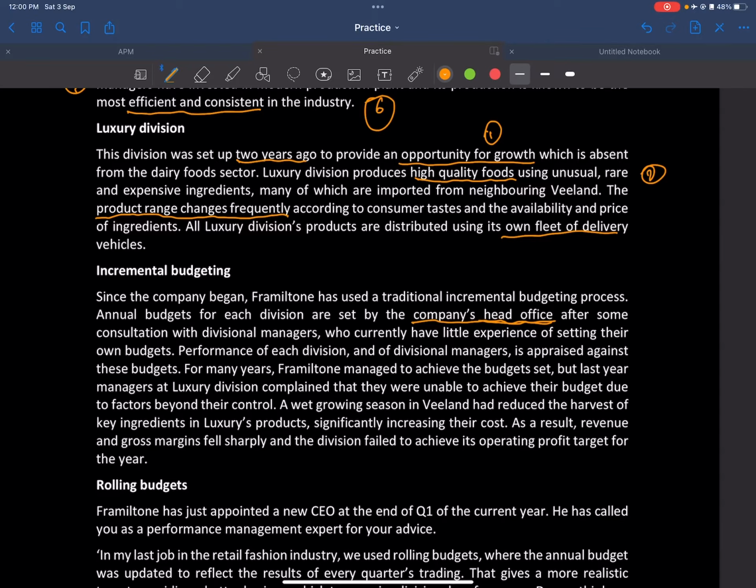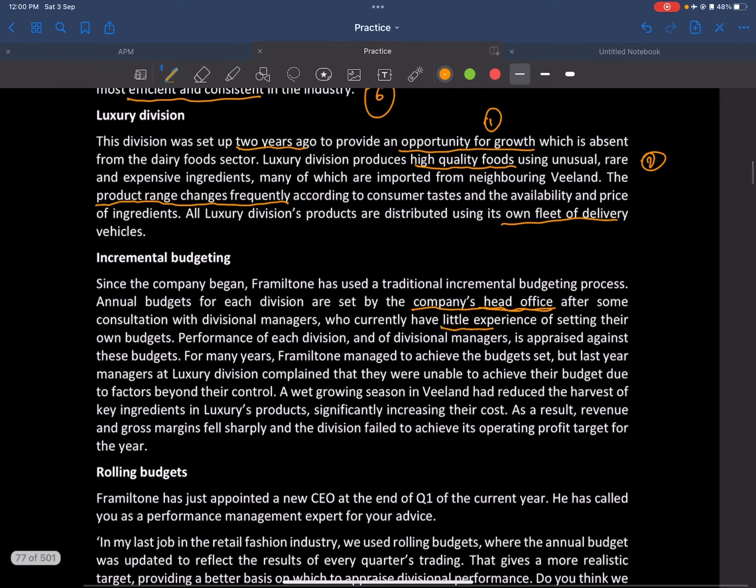I was about to say that if head office sets it, it's going to be a top-down approach, right? But it says that the divisional managers are consulted, who have little experience of setting their own budget, right? So they do that consultation, okay, and they have little experience.